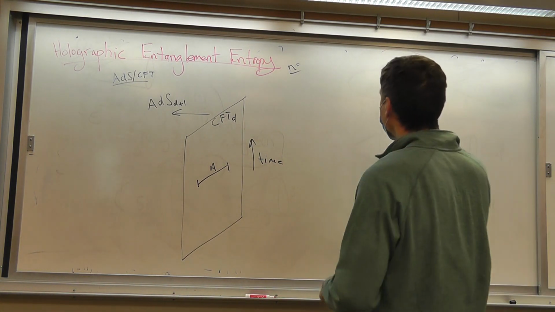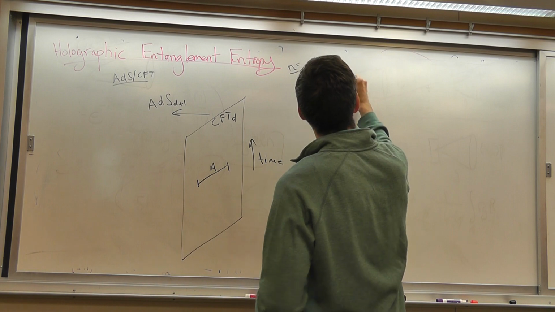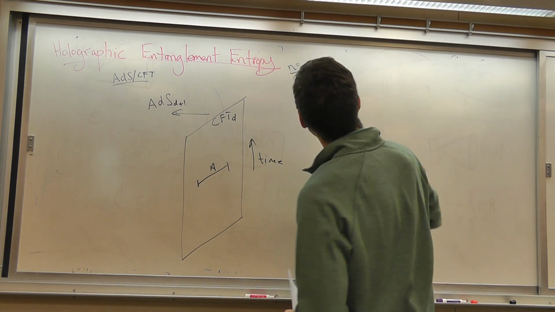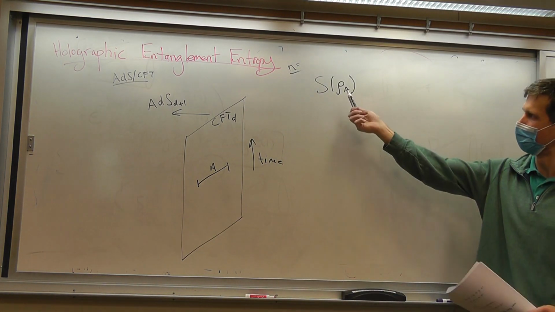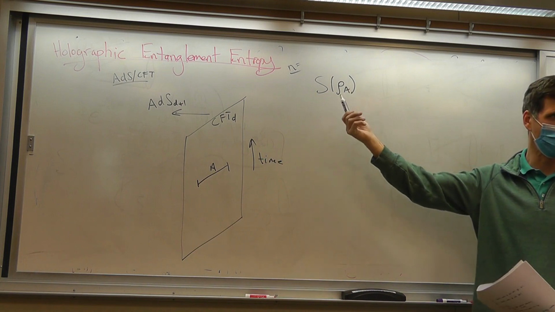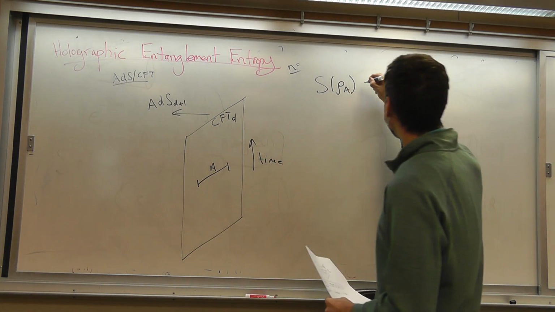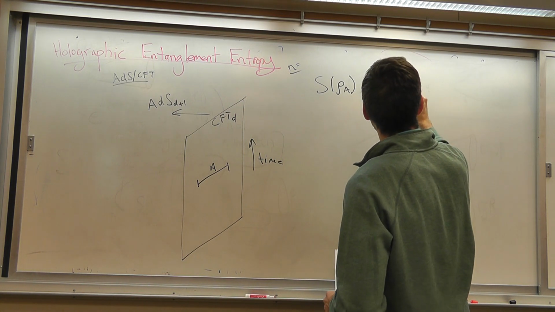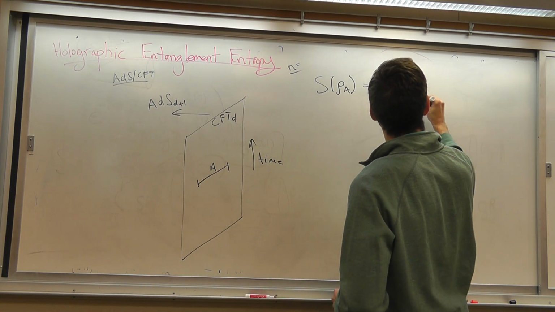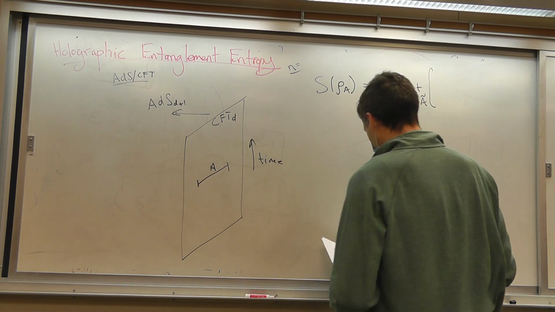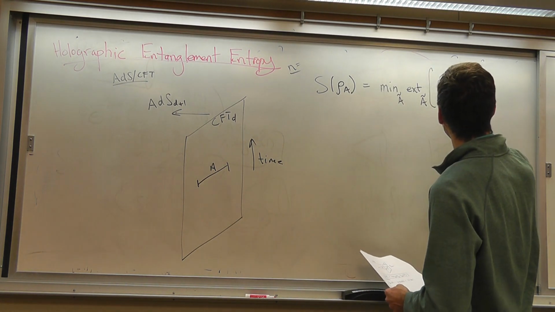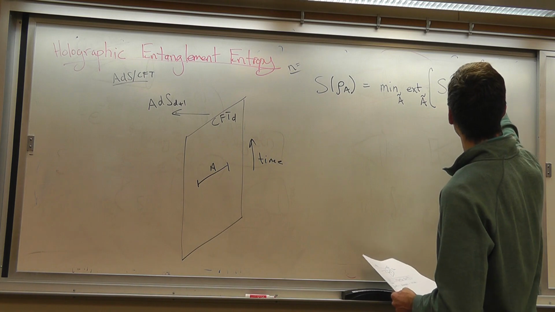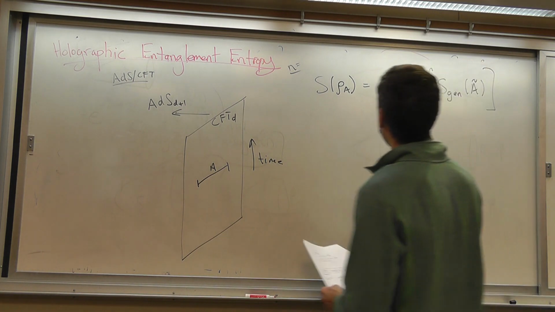So here's the formula. S of rho A, the von Neumann entropy in the CFT or at the boundary of this theory of quantum gravity, is equal to min over A tilde of ext over A tilde of S gen of A tilde.